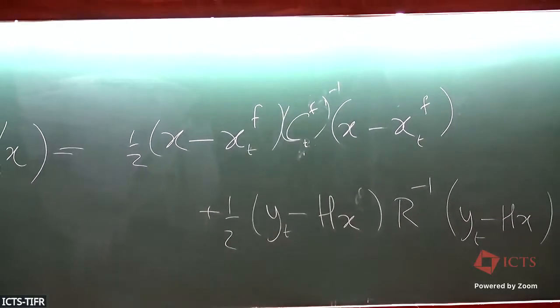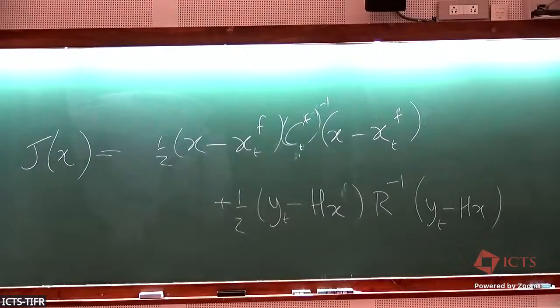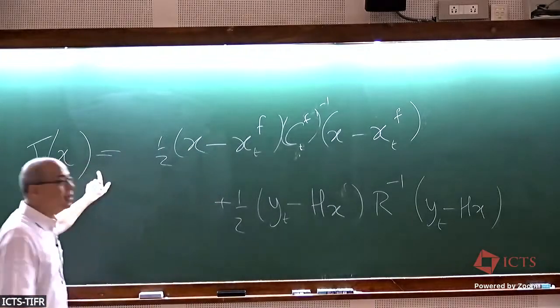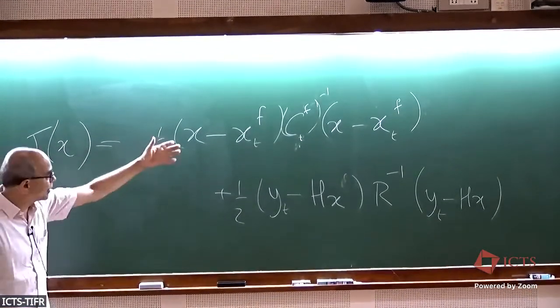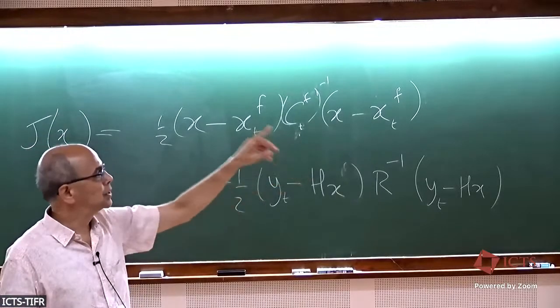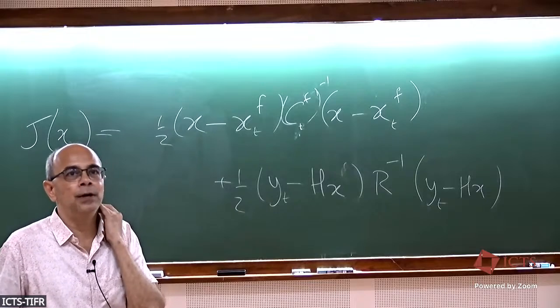The minimum of this object is exactly the formula written over there. Firstly, this is a quadratic form, and the quadratic form will have exactly the minimum, which is XA, and the Hessian, which will be CA.